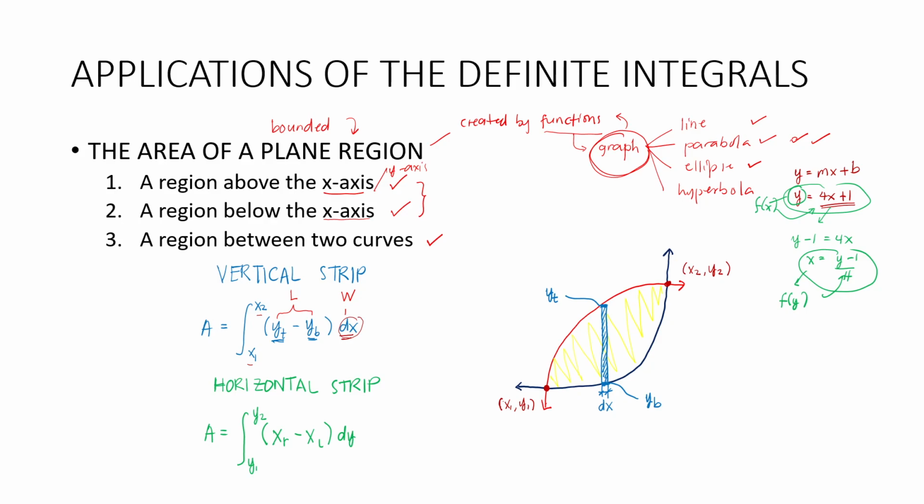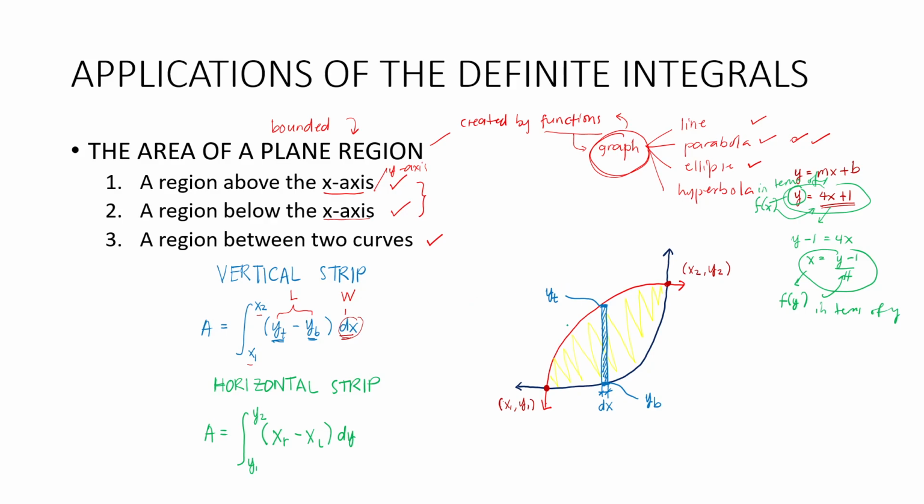So that's why that's the way I say it, because that is how you represent it in terms of x, in terms of y. Okay? So in terms of x, this one is in terms of y.